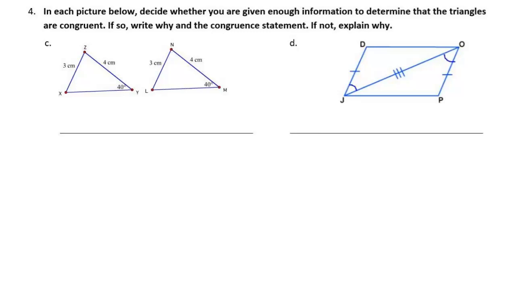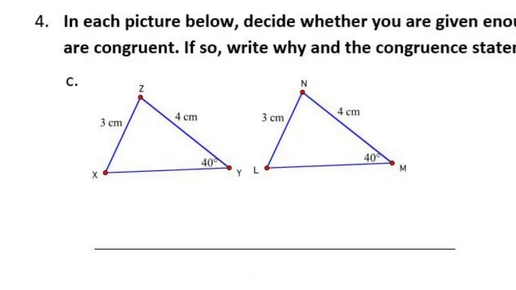Between these 2 triangles, do I have any pieces that I can mark as being congruent? Angle Y, right here, is congruent to what in the other triangle? Angle M. What else do we have that we could mark congruent between the 2 triangles?